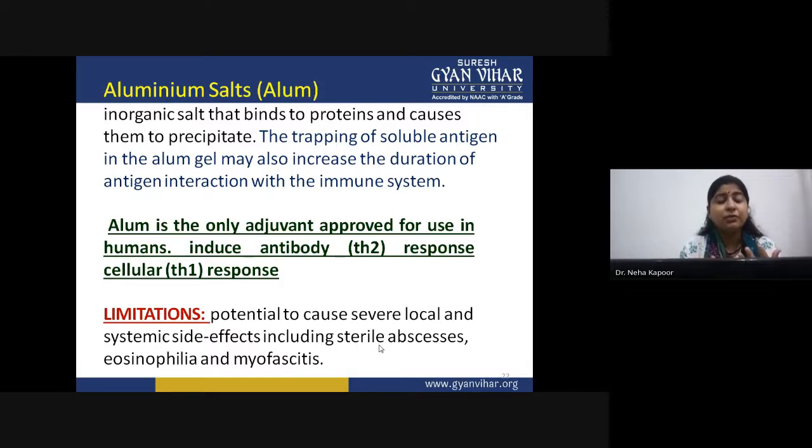There are certain salts that we have discussed, alum. Those are basically aluminium salts. They are inorganic salts that bind to proteins and cause them to precipitate out.